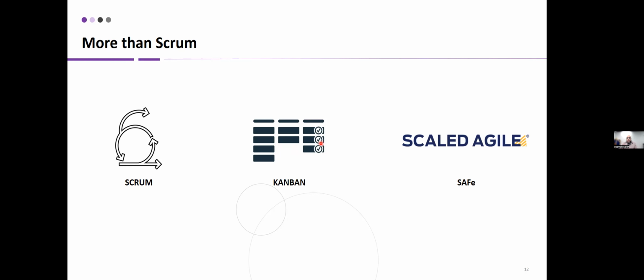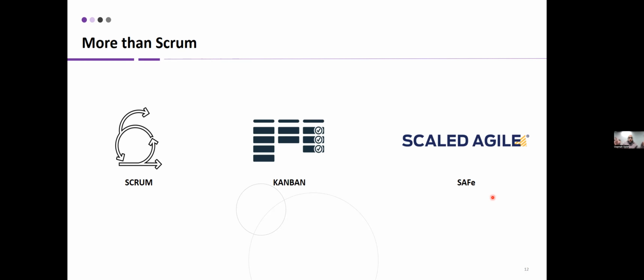Scaled Agile has been making the rounds. I'm going to talk a lot about it in a second. We talked about the team level, but what happens as we start to build a team of teams, where it's not just 5 or 6 people working on one project, but this is just one team out of 5 other teams?